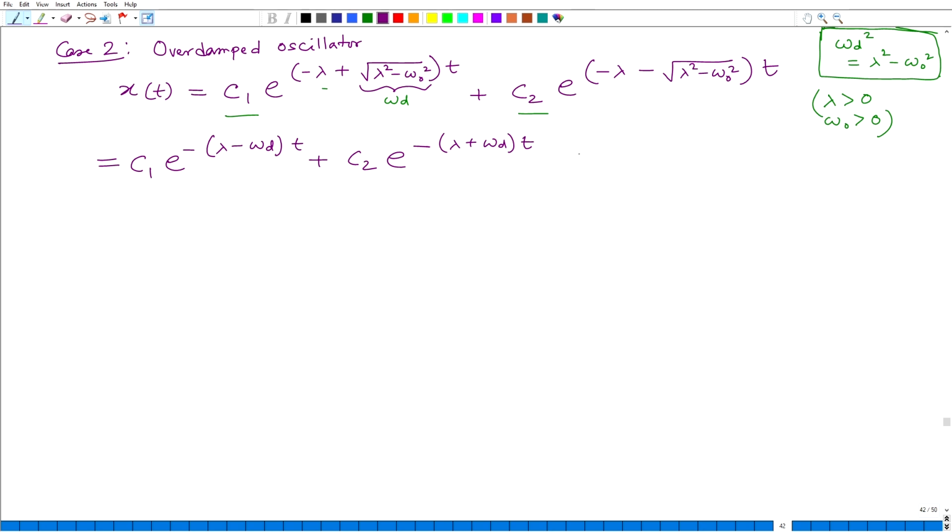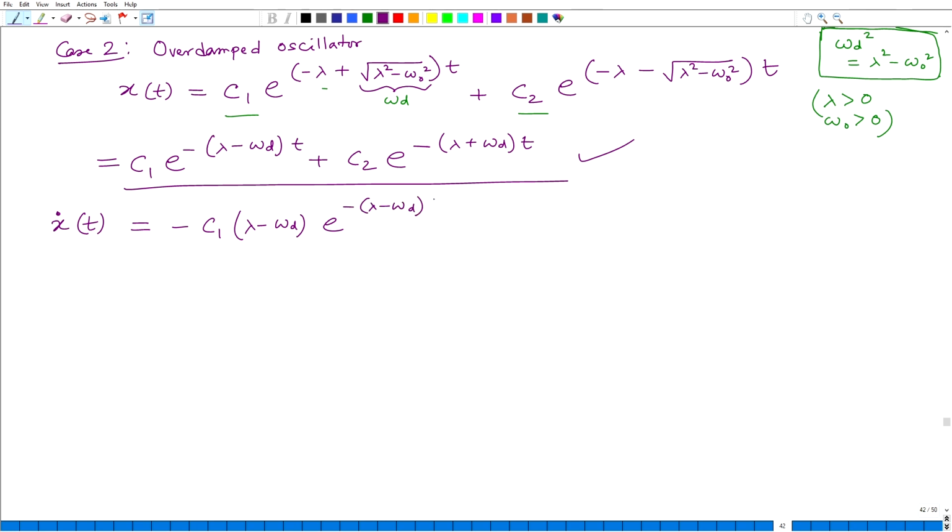This is my displacement. Now, what will be x dot, or the speed? That will be simply d/dt of this quantity, which will be minus C1 (lambda minus omega d) e to the minus (lambda minus omega d) times t, plus, there will be another minus which will come here.